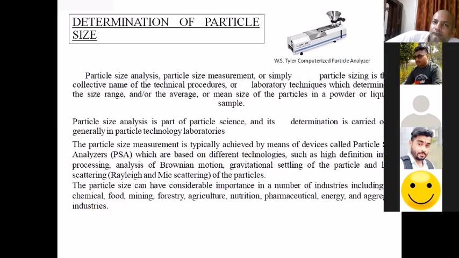The particle size measurement is typically achieved by means of devices called particle size analyzers (PSA), which are based on different technologies such as high definition image processing, analysis of Brownian motion, gravitational settling of the particle and light scattering of the particle.